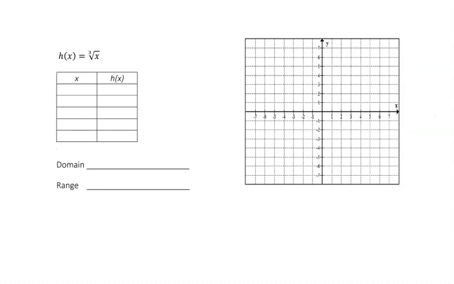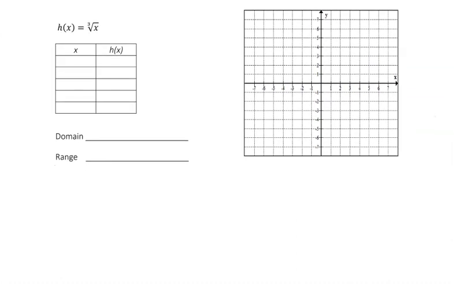All right, last one is going to be the cube root of x. So again, similarly to the square root, I'm going to pick ones that I know I can do the cube root of easily. So I'm going to pick -8, -1, 0, 1, and 8. Because we're going to have to take the cube root of all of these.